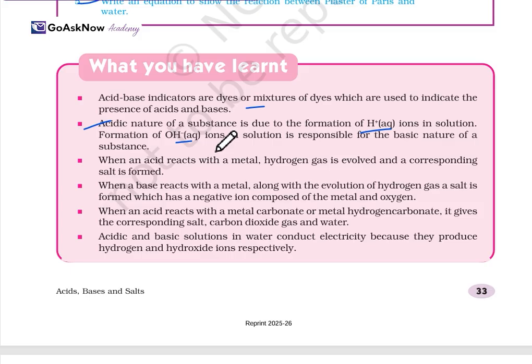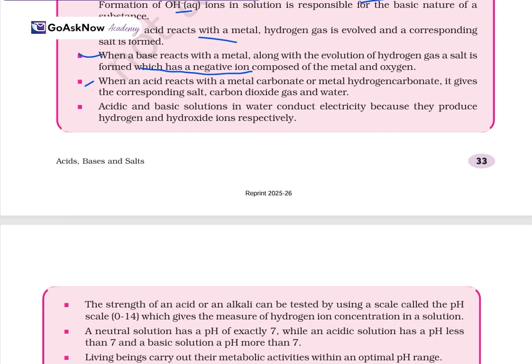When an acid reacts with a metal, hydrogen gas is evolved and the corresponding salt is formed. When a base reacts with a metal, hydrogen gas is evolved along with a salt which has a negative ion composed of the metal and oxygen. When an acid reacts with a metal carbonate or metal hydrogen carbonate, it gives the corresponding salt, carbon dioxide gas and water. So this is about the reactions, I can say.